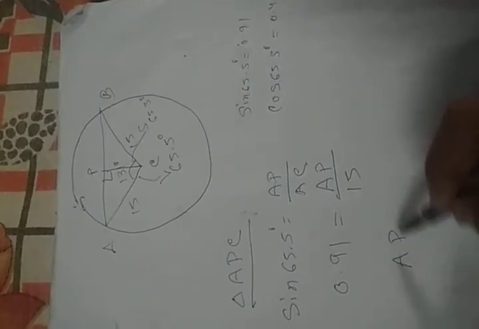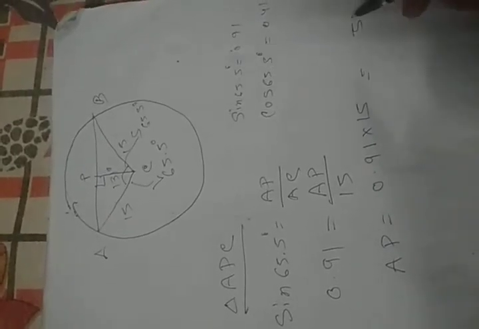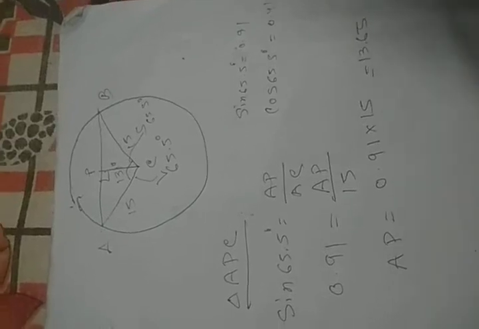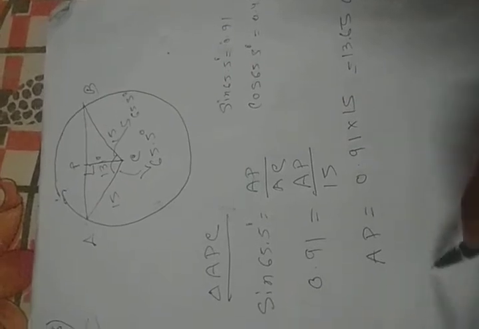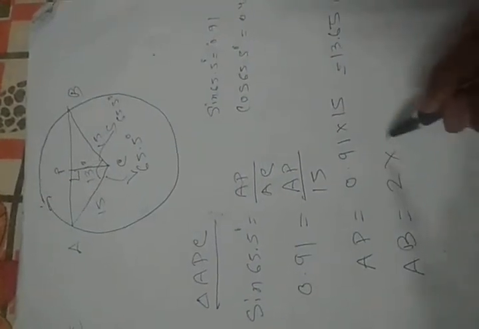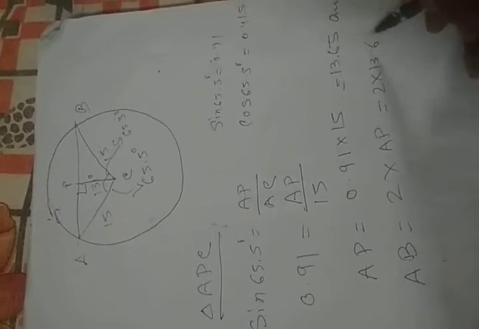So AP equals 0.91 into 50, so the result is 13.65 centimeters. And we know that AB equals 2 into AP, because I already said that the line divides AB into two equal parts. So 2 into 13.65 centimeters is the value of AB.